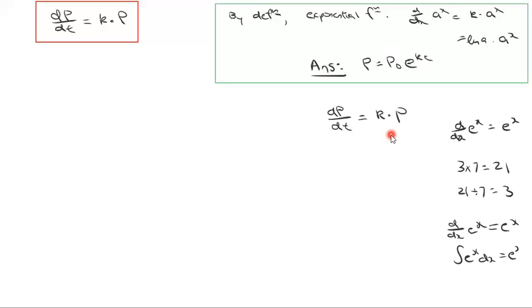There will be a plus c because when you differentiate it, the constant disappears. It's simply the reverse.